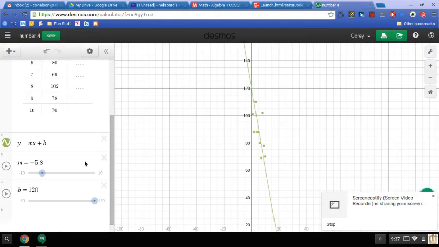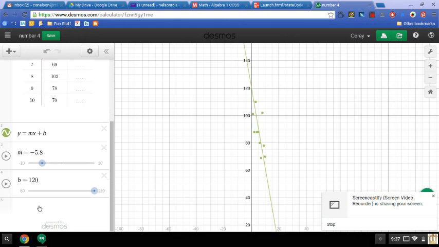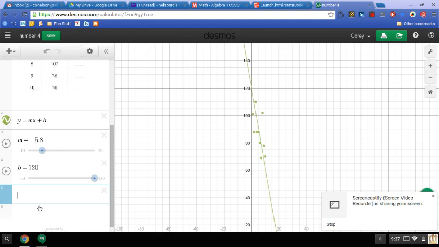But let's now see how well my new line fits. So now I put in y1 squiggle plus b. All right. Now, I still have the residuals down here.